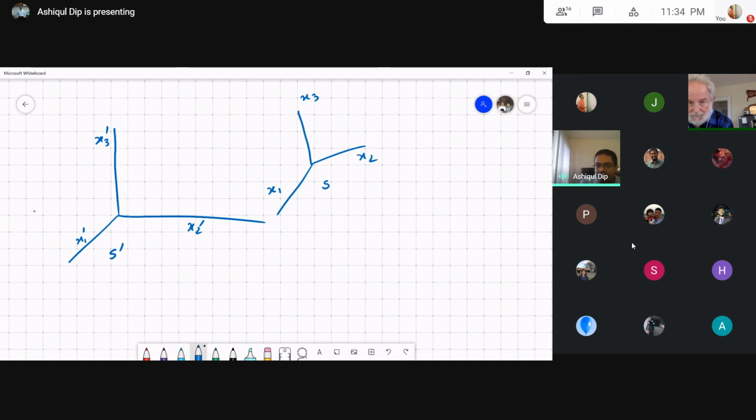The position of a particle from the perspective of the S frame is this thing, and he calls it the R vector. And the uniform motion one, he calls it the R prime vector. And their origins are separated by this.